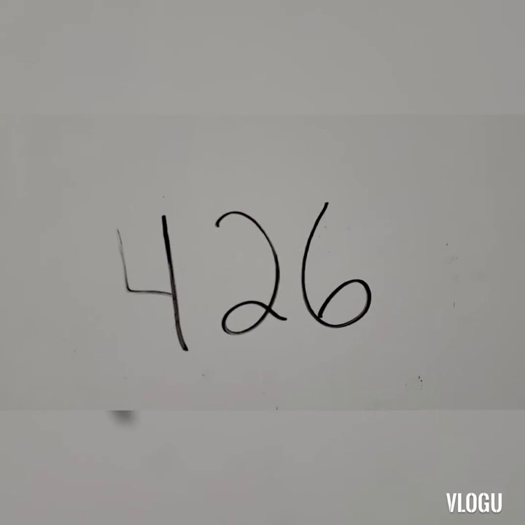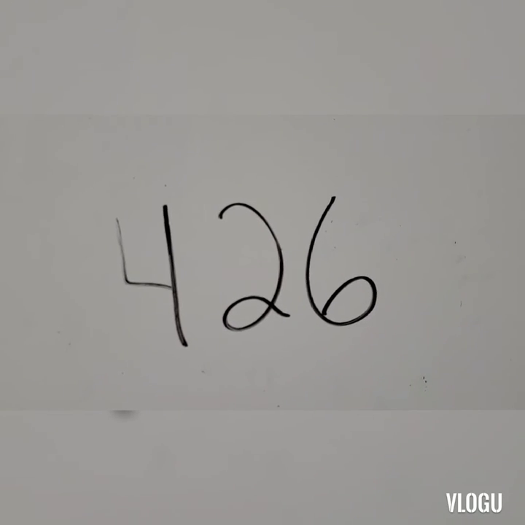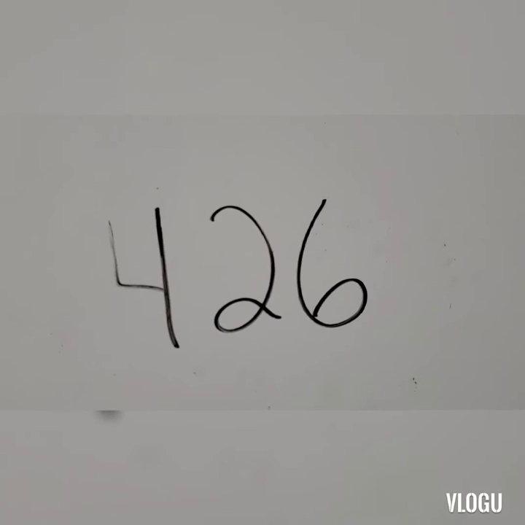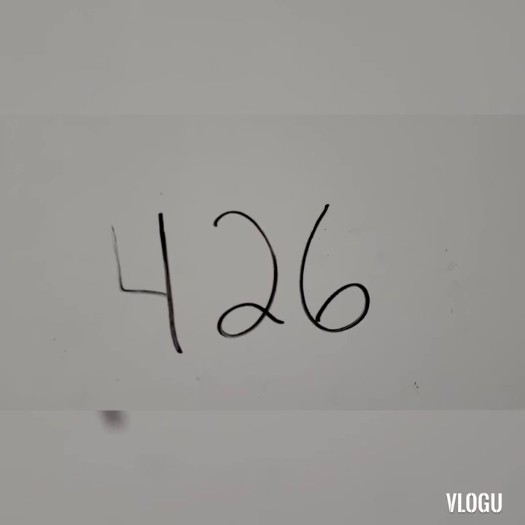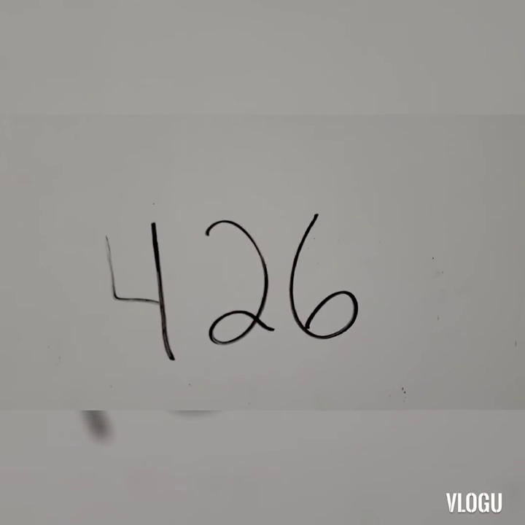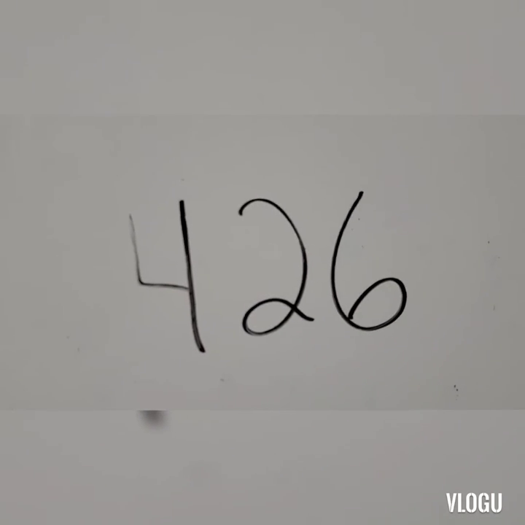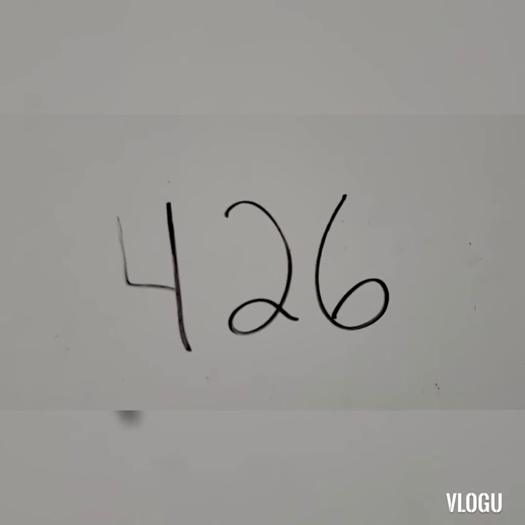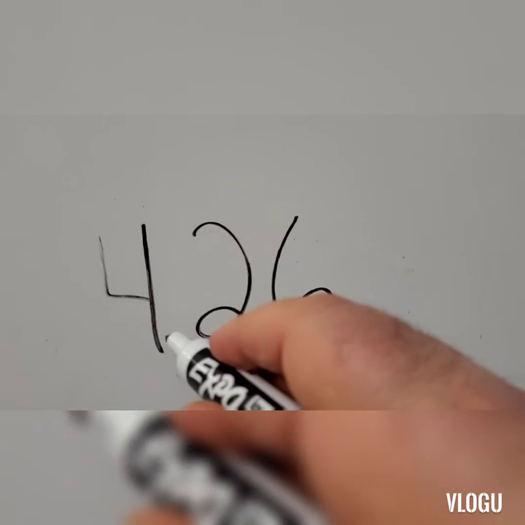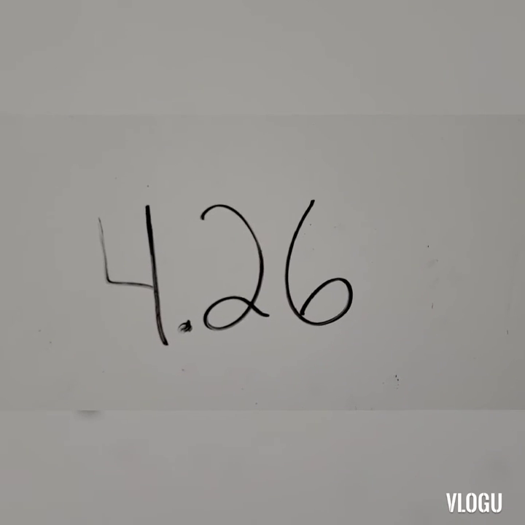You may hear your teachers groan if you say this number like 426. Unfortunately, you'll even hear that number spoken incorrectly on the news. Hey, please stop. Please stop. 426 is not correct. When you say and, it indicates a decimal.